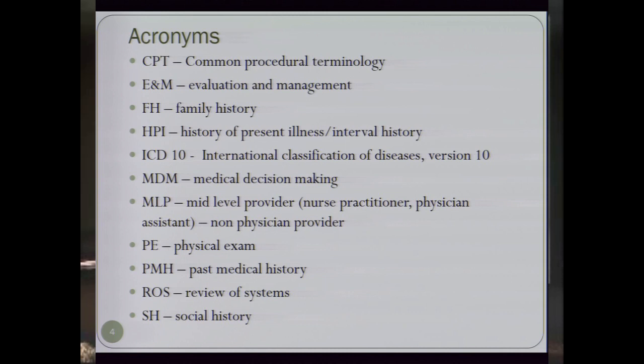ROS is the review of systems, and that is where the bug is in evaluation and management services between psychiatry and the rest of the medical world, because many of you do a psychiatric review of systems, which is different than the medical review of systems that will be required as we move through the E&M services if we are coding things at a higher level of care. And then, of course, social history.